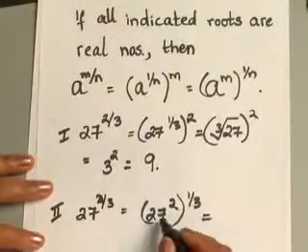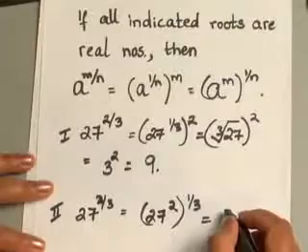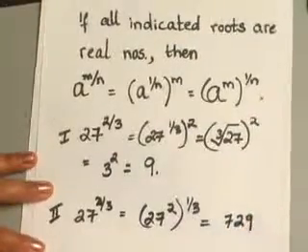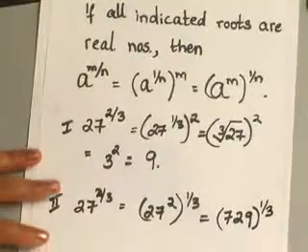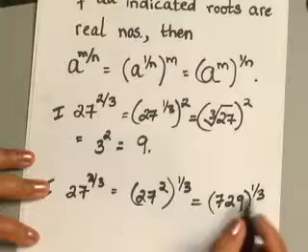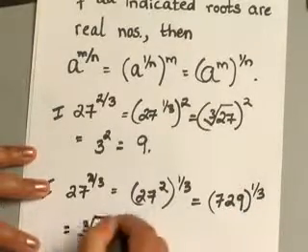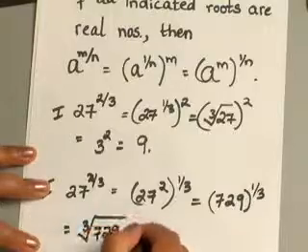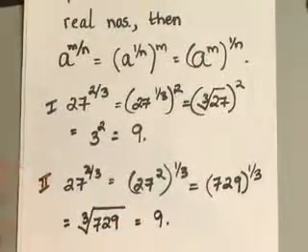So the first thing you will do is square 27, and the square of 27 should give you 729, and then you take the 1/3 power. The 1/3 power of 729 is the same thing as the cube root of 729, and that should also give you 9 as your answer.